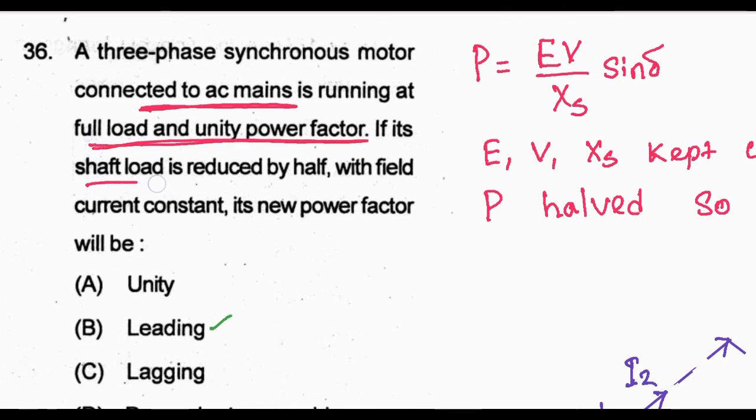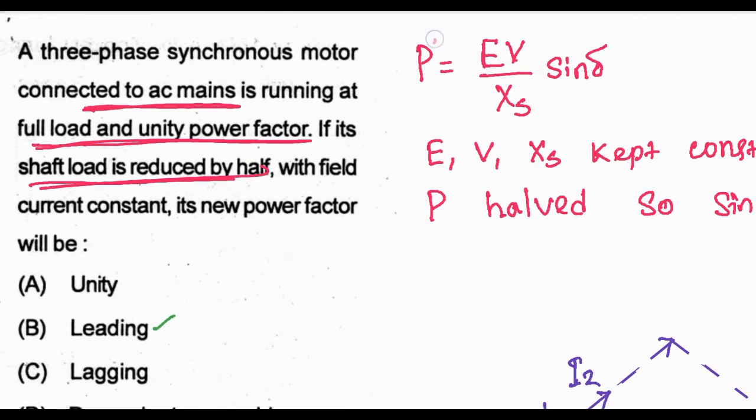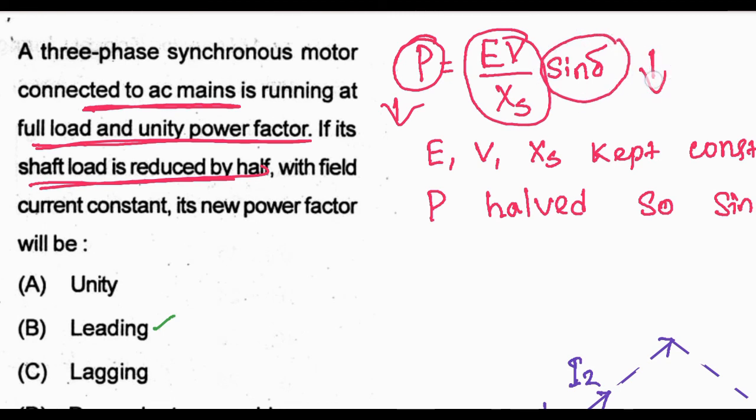If its shaft load is reduced by half, so here what is given? Shaft load is reduced to half, that means P is reduced, and here E, V and Xs are kept constant, and as P is reduced, sin delta is to be reduced. Sin delta is to be reduced means delta is to be reduced.